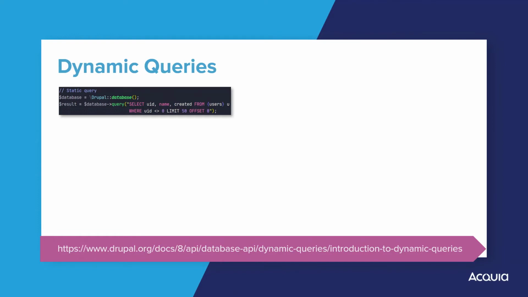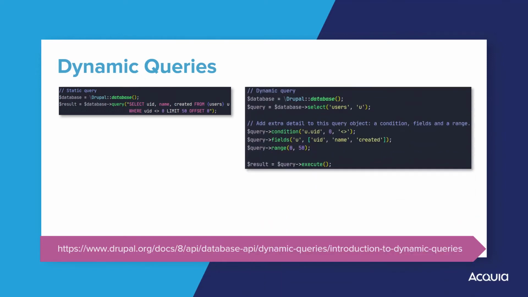For comparison, let's examine the code required for the same query using the dynamic query builder. Realize that we still begin with a database connection object called database, and then we initiate the query using a method called select rather than the method called query.